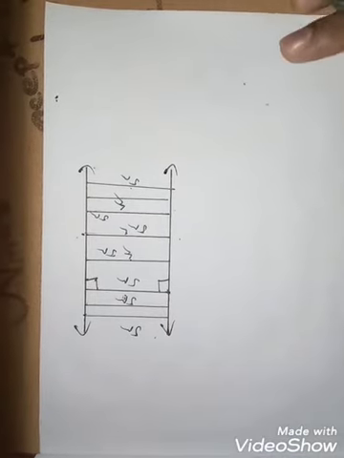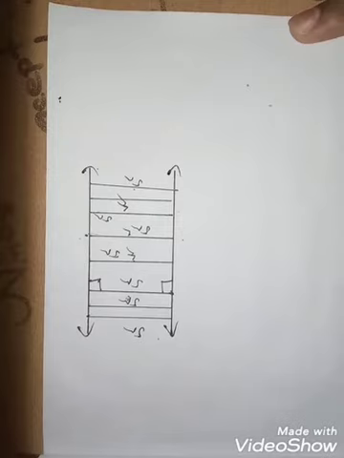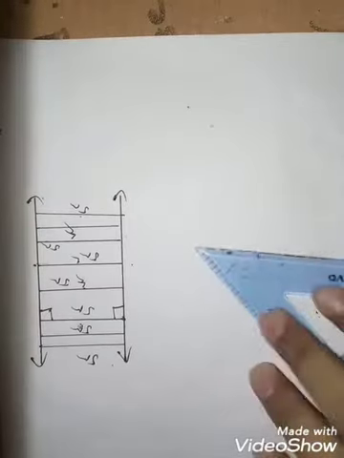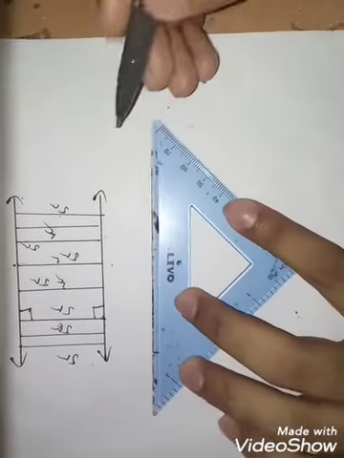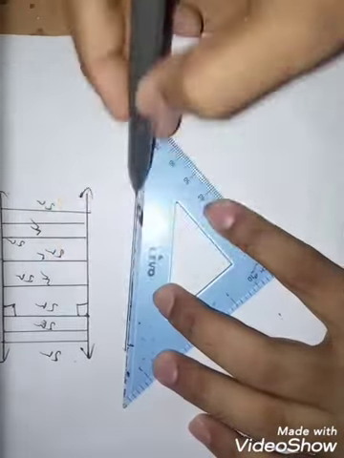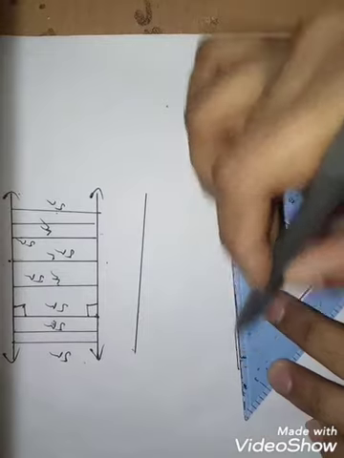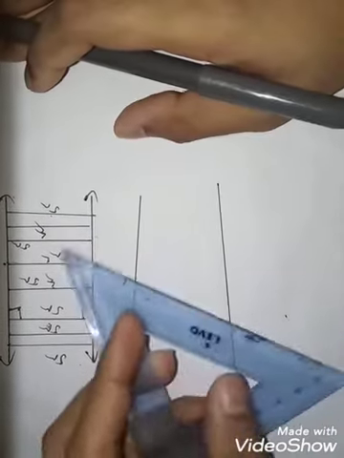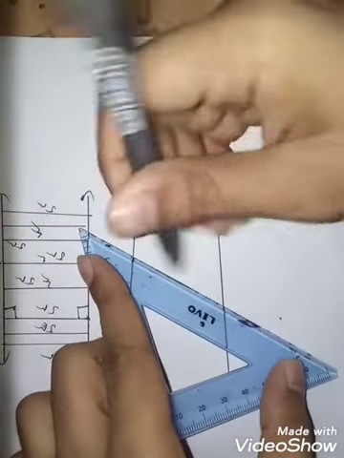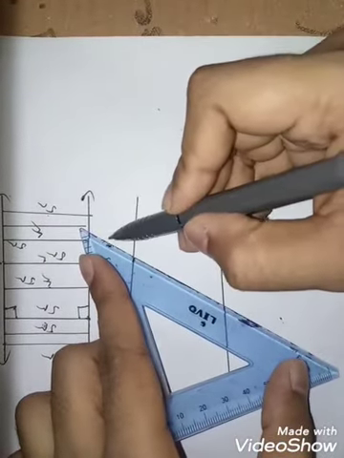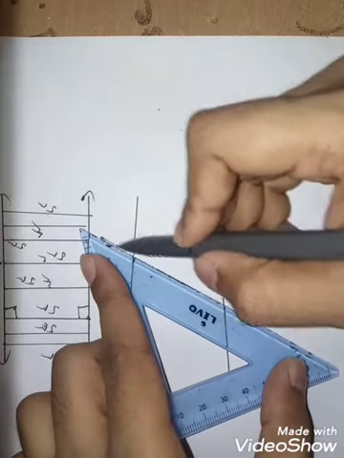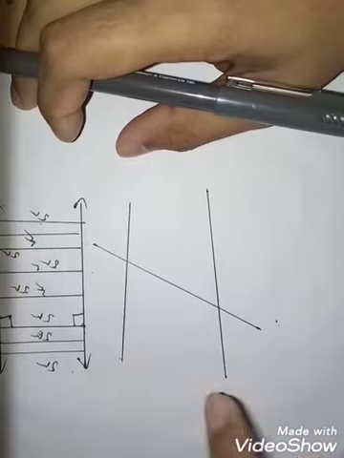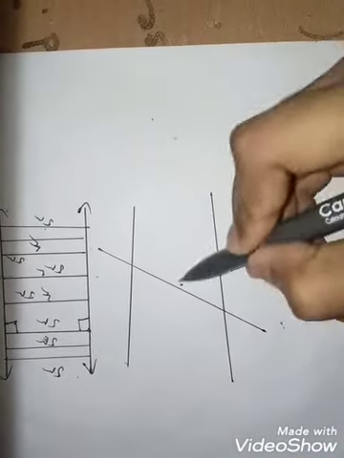Well, now our second point is transversal. What is transversal? Suppose I have taken two lines, any two lines, and if I draw a line that goes through or passes through these two lines, we call this line a transversal.